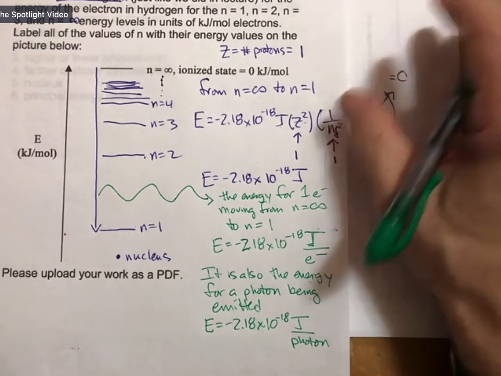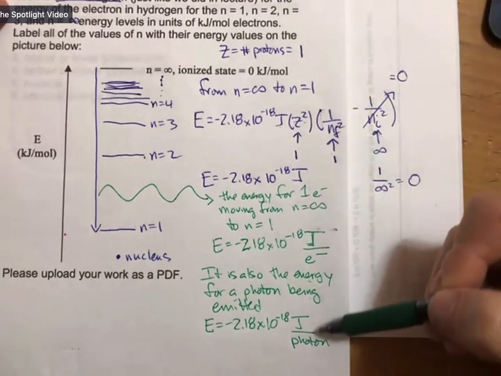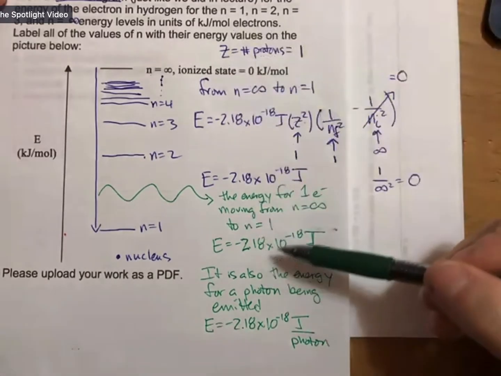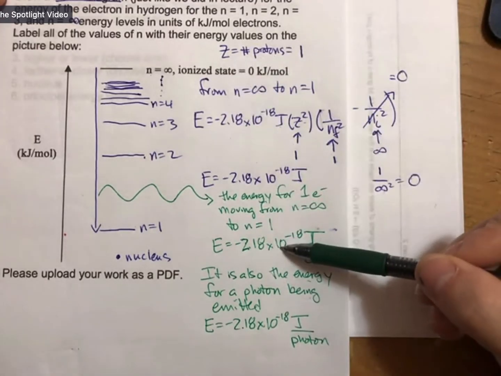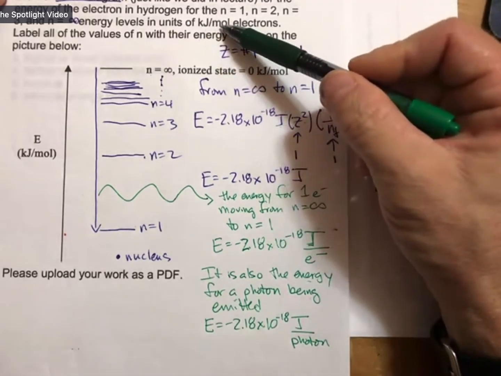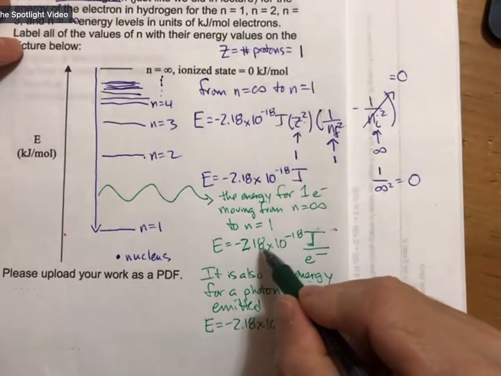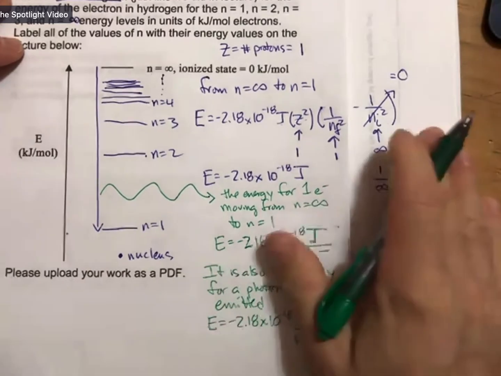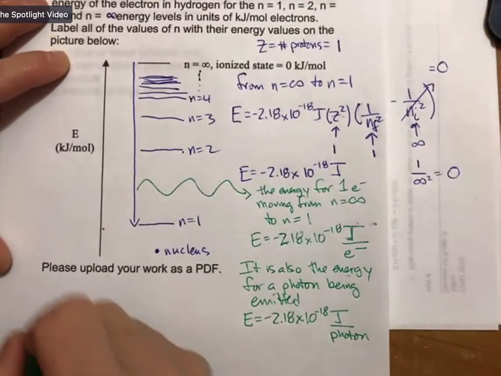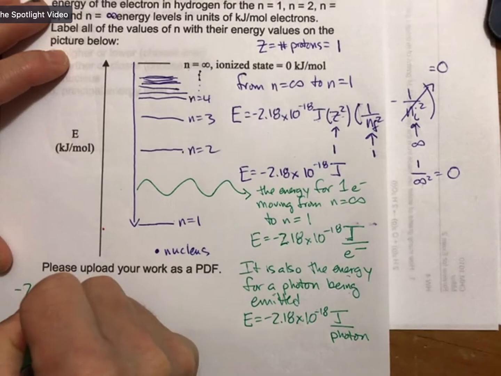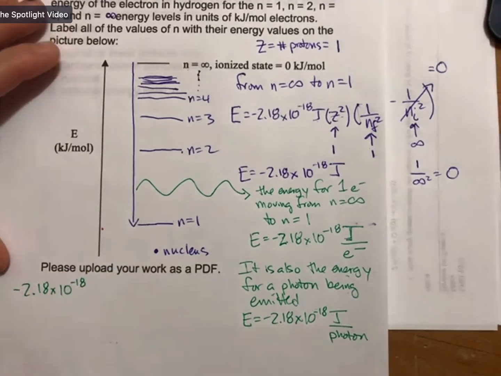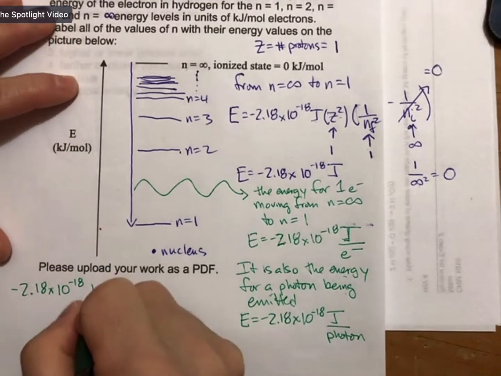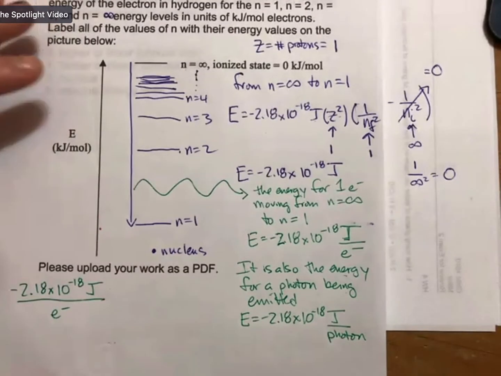So now that we have these sets of units, I'm going to change either of these into kilojoules per mole. And so I'll start with this over here. Minus 2.18 times 10 to the minus 18 joules per electron.